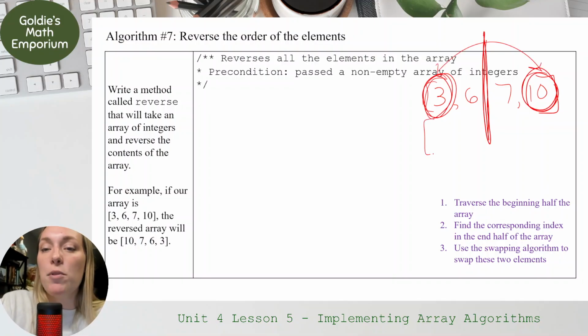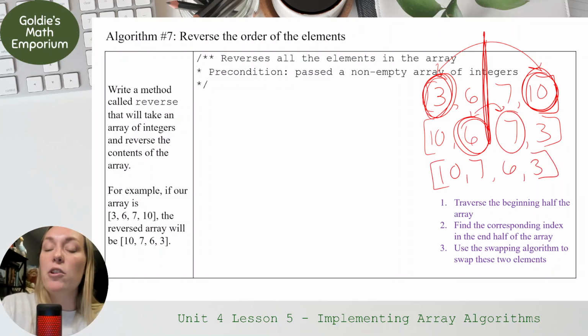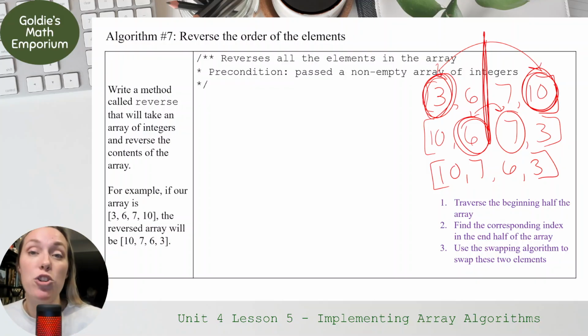So the first time through this algorithm, this is going to be my contents of the array. And then the next time through, I'm going to swap these two. Once I reach the middle, following that algorithm, I'm done. My array should be swapped.